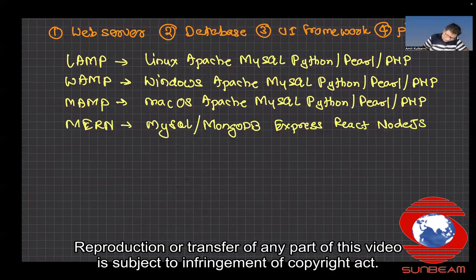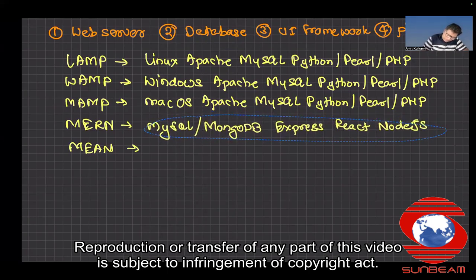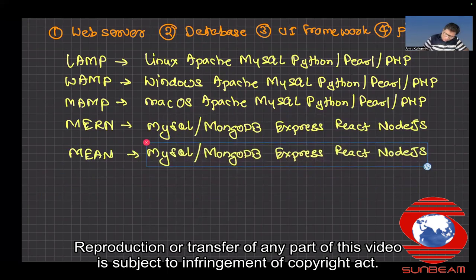Another one which is exactly similar is called the MEAN Stack. Everything is the same: MongoDB, Express, Node, except React, which is replaced by Angular. That's it. So this is the software stack we are talking about. Instead of React there, we'll be using Angular.